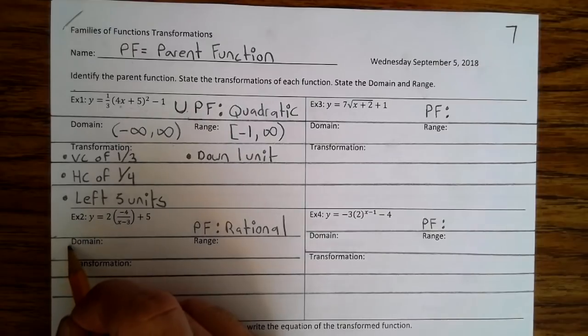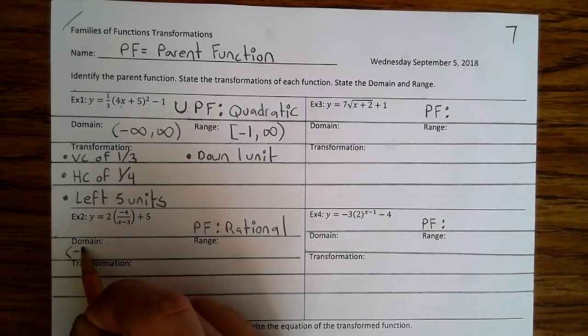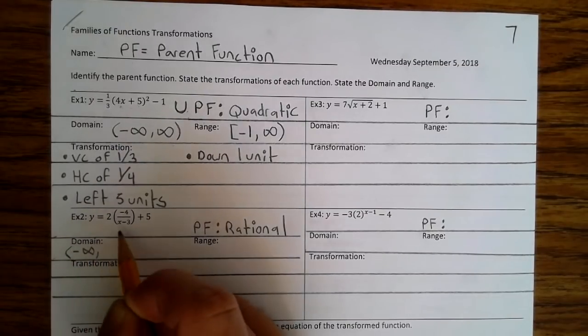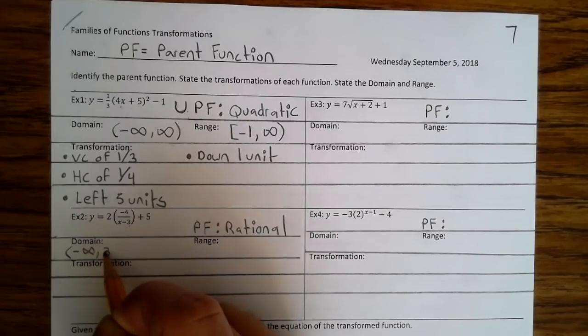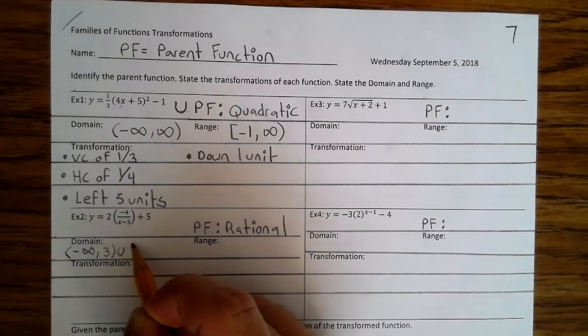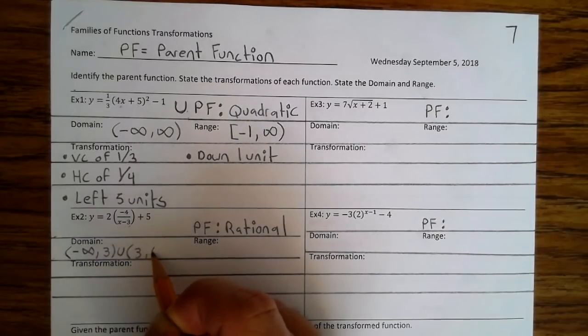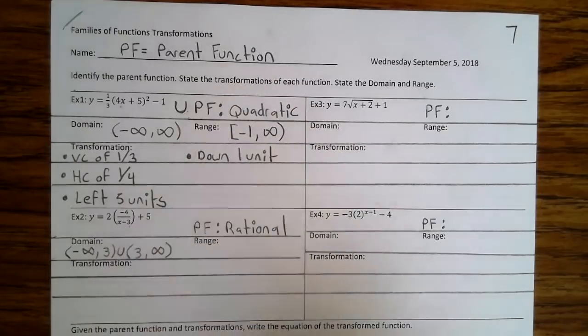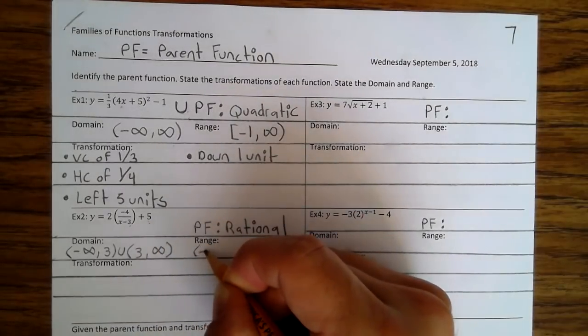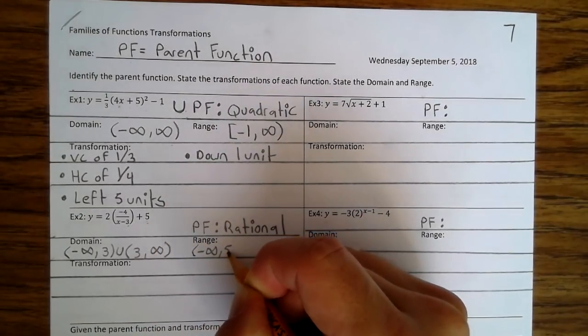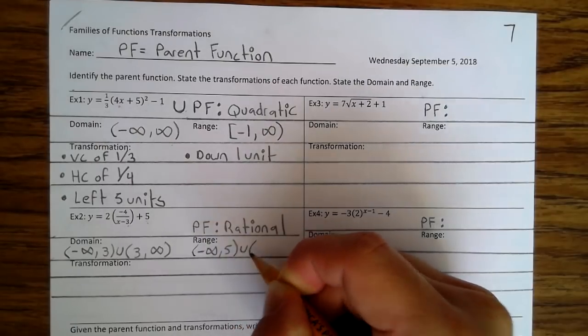So we know it's negative infinity instead of 0. So if you go right 3, it's 3 to infinity. Now, here the plus 5, remember the range was from negative infinity to 0, but since you go up 5, it's negative infinity to 5 or 5 to infinity.